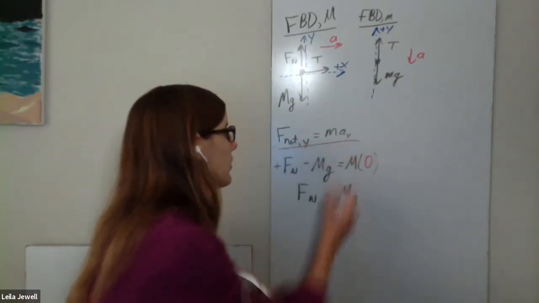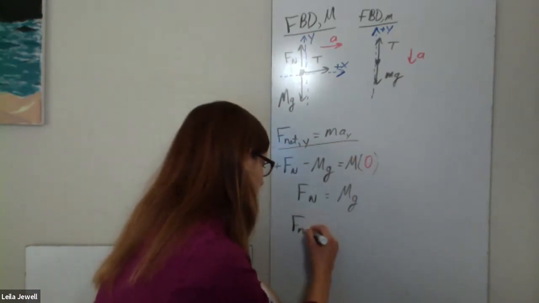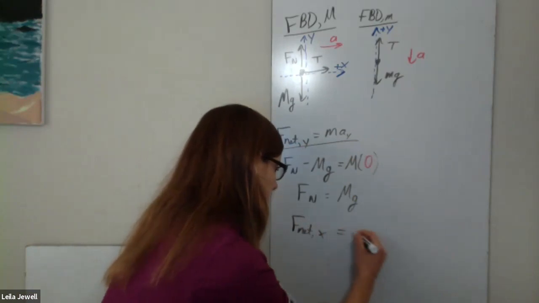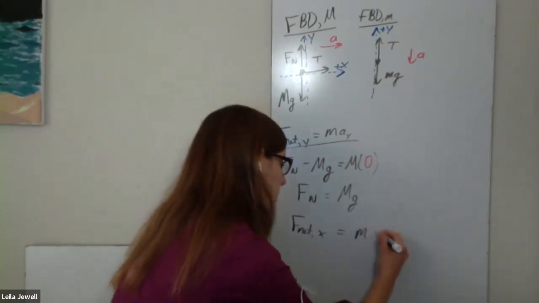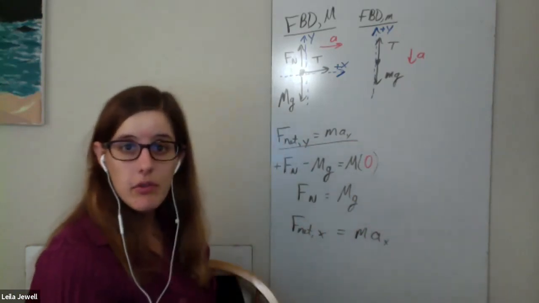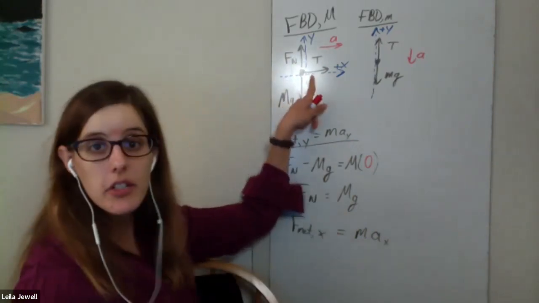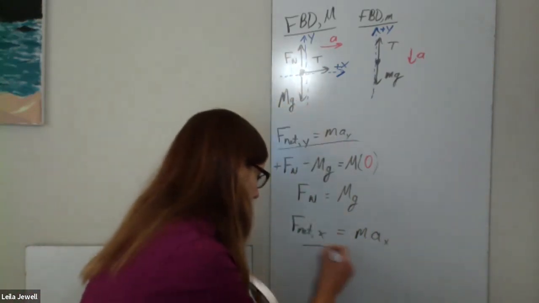But we can also look at the net force in the x direction. F net x is equal to mass times acceleration in the x direction, still doing it for big M. The only force in the x direction is tension, and that is in the positive x direction.